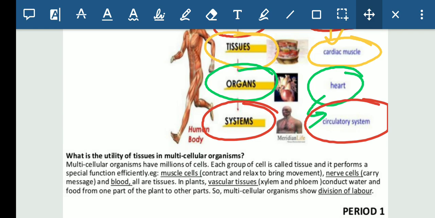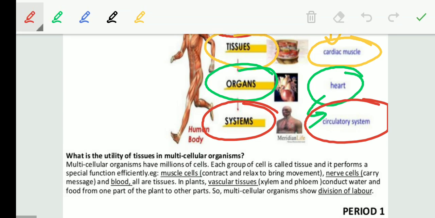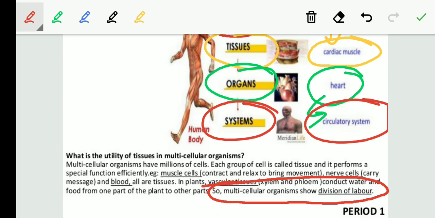And remember one thing, students, that it performs a special function efficiently, right? We have already discussed that our muscle cells contract and relax to bring movement, our nerve cells, our blood, our vascular tissue and so on. And that is why, very important thing, these multicellular organisms show division of labor.